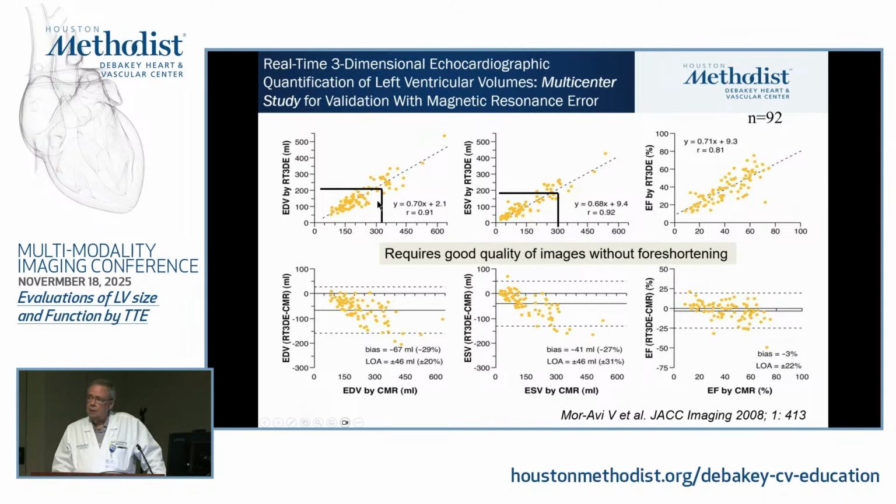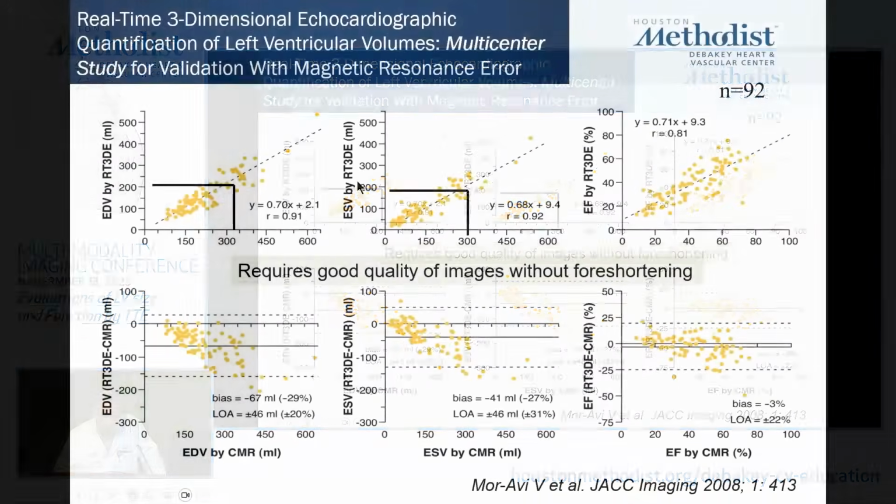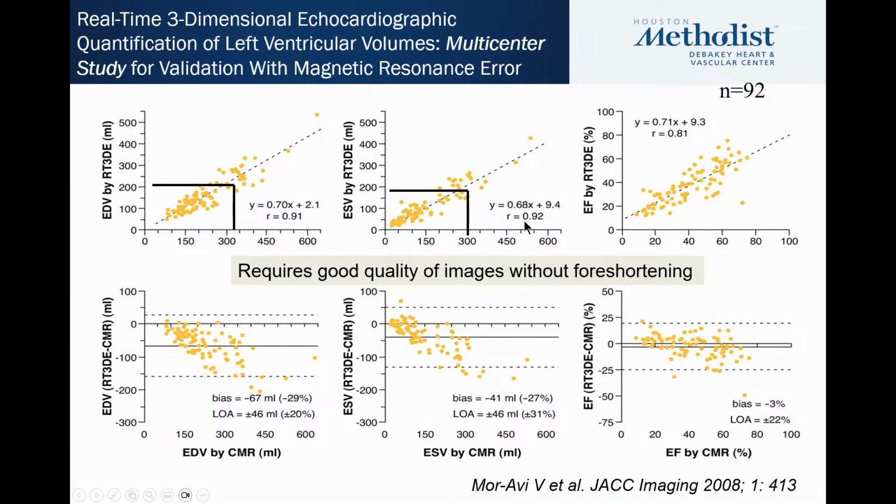And this was multi-centers, which was very important because there was more than one laboratory. This is end-diastolic volume, end-systolic volumes, and EF, okay? However, notice that an end-diastolic volume by 3D of about 210 or 220 was over 300 by CMR. So again, struggling with that same problem of underestimation.